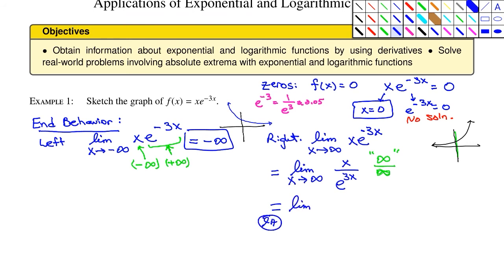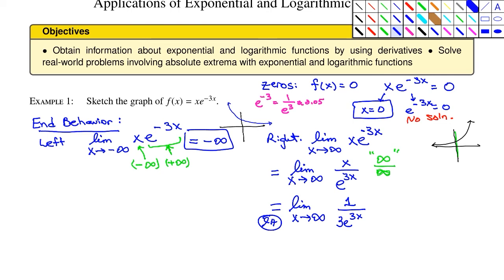This tells me that this limit is also equal to the derivative of the top, 1, divided by the derivative of the bottom, which is 3e to the 3x power. I did that by using the chain rule. The derivative of e to the 3x is e to the 3x times 3, but when they're linear like this, you see the pattern, you can just bring the 3 out to the front.